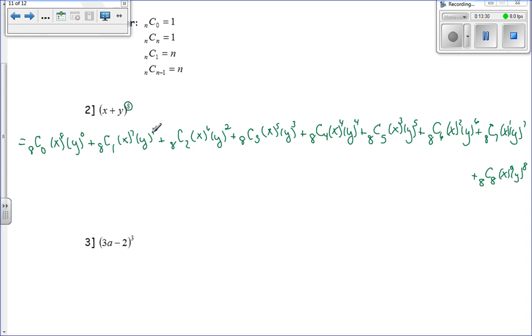Wow, that's a lot of terms. We should have one more term than we have a power of our exponents. We should have 9 terms.